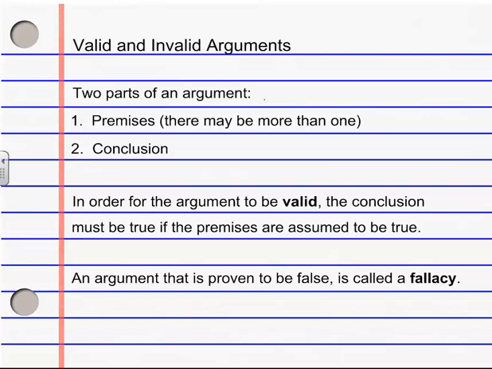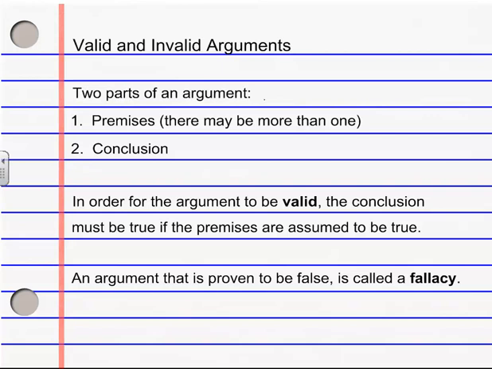If you have a trial and you have a defendant who's on trial for a certain crime, you're going to have both a prosecution team and a defense team. And both of those teams are going to set forth some premises, some facts or some things known to be true or assumed to be true. And then that jury is going to go back. They're going to take the set of premises that they've been given, and assuming they're true in one way or the other, they're going to come to a certain conclusion.